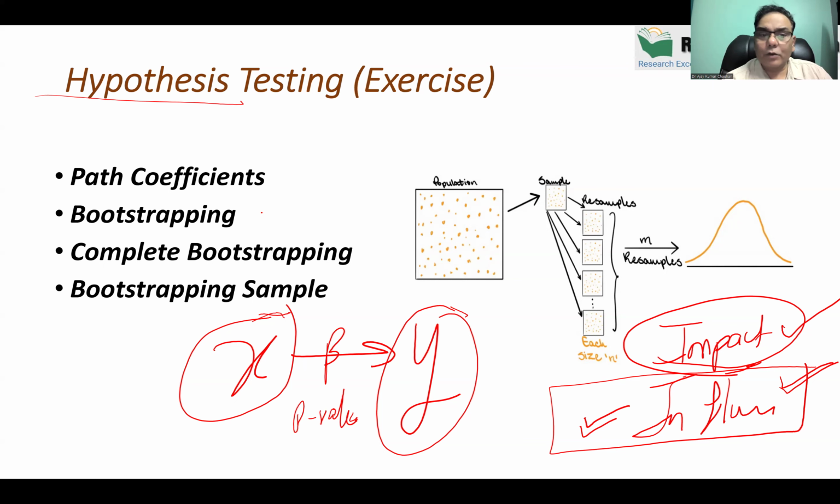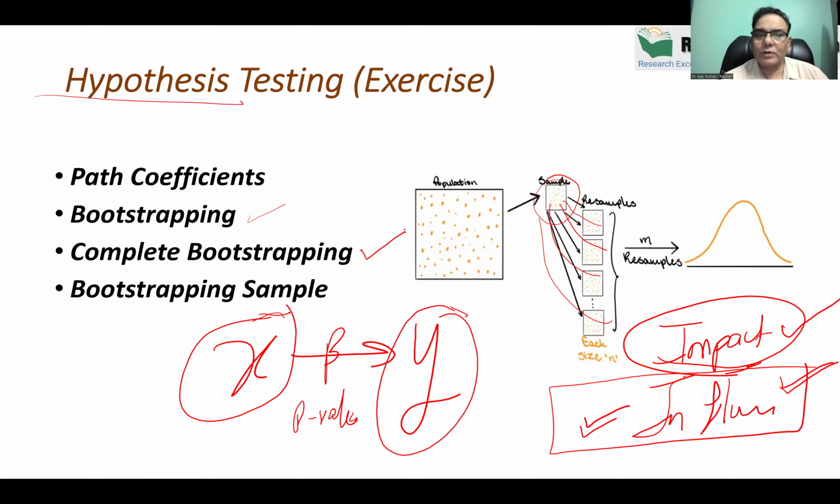The methodology we adopted is bootstrapping. In bootstrapping, the sample is divided into different subsamples and the model is run on all the samples and the average is taken. This is called bootstrapping. There are different types of bootstrapping, complete bootstrapping and quick bootstrapping.